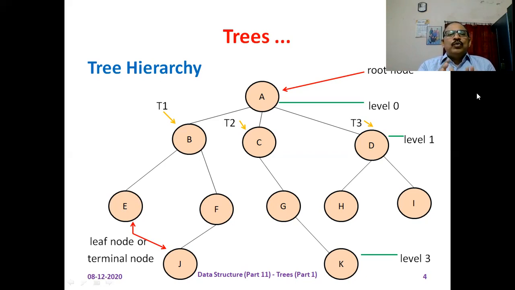Now, what is the height of a tree? The height of the tree is equal to the length of the deepest node from the root. The height of this tree is equal to 3. So these are some terminology which we can use in the study of the tree.